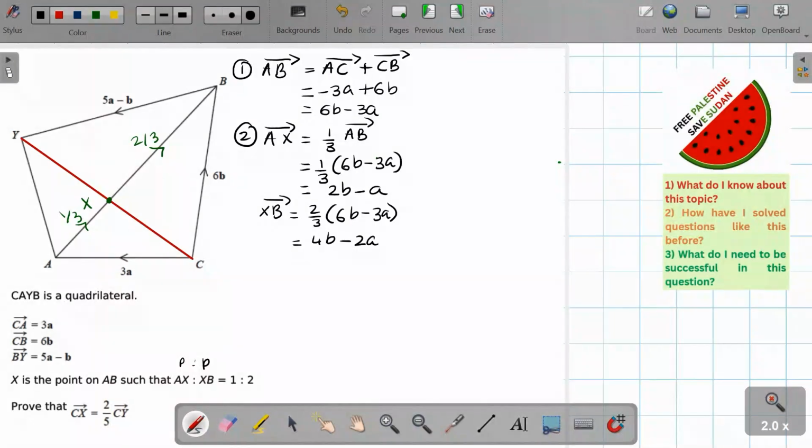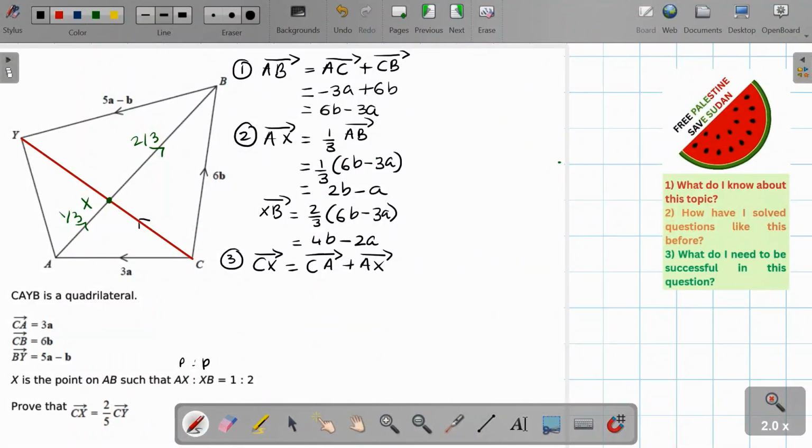Okay. The third thing now, I'm going to find CX, this vector. So CX is CA plus AX. I forgot to mention this earlier, I like to write every vector down as the journey of the vector.